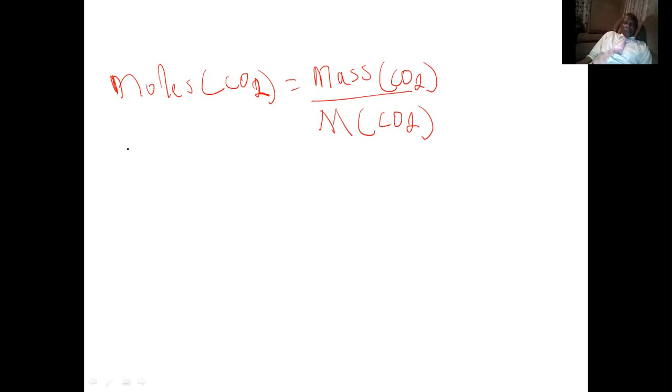And here we are told there are 3 moles, which is equal to the mass, which is the one we want to calculate.